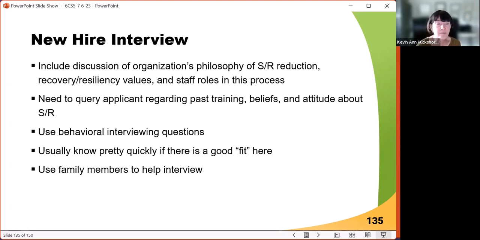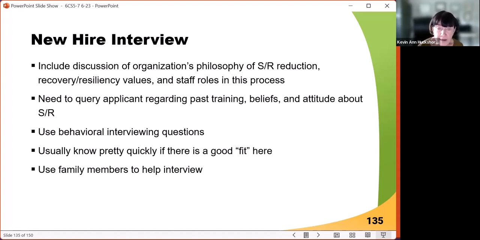Next slide. So in the new hire interview, what I've done in a couple places is just do prompt sheets for staff that are doing interviews, because obviously one or two people can't do all the new applicant interviews. So I just do a prompt sheet to make sure the same information is covered.